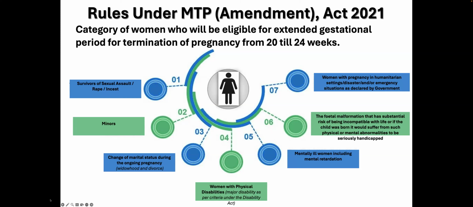So our case comes in this particular 6th special situation. And as she is at 22 weeks, we can take a decision to terminate this baby. And women with pregnancy in humanitarian settings, disaster and or emergency situation as declared by the government. So these are 7 special situations where you can go up to 24 weeks, just without a medical board, and take the opinion of 2 RMPs.